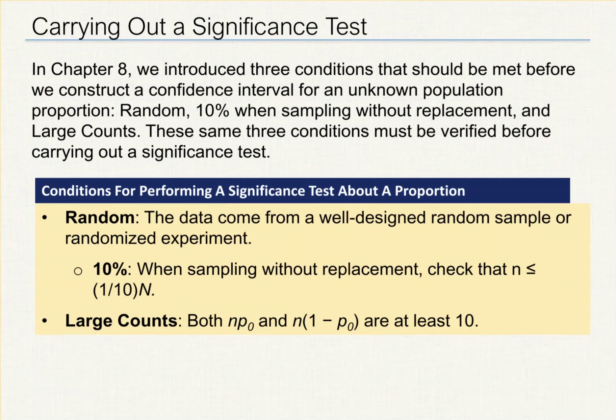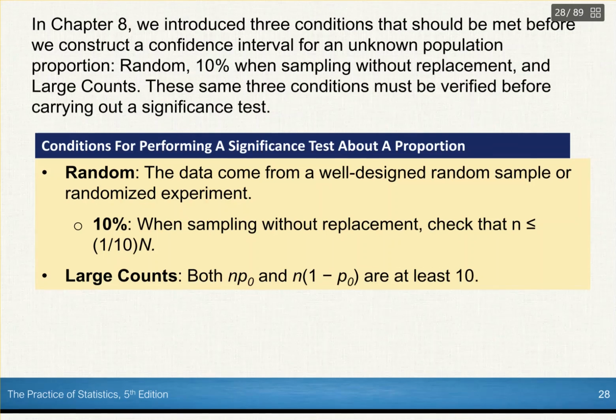First, random: the data has to come from a well-designed random sample or randomized experiment. If it doesn't, then it's no good. Second, the 10% rule, if we're sampling without replacement: the population has to be at least 10 times the sample size. Third, large counts: both n times p naught and n times 1 minus p naught are at least 10.